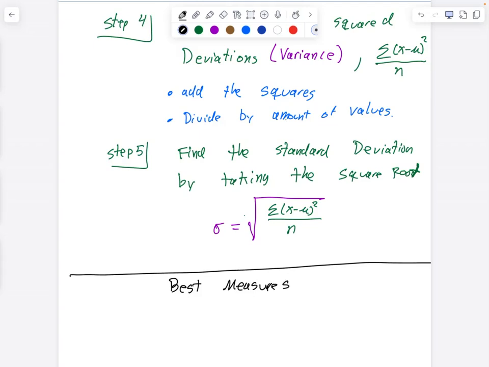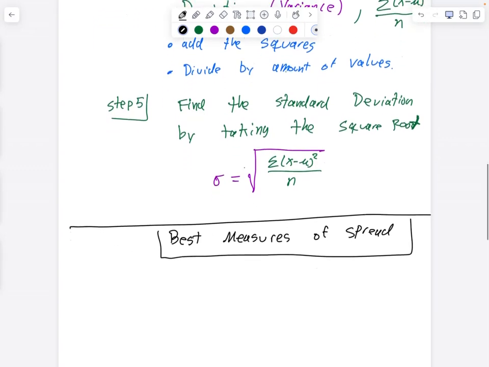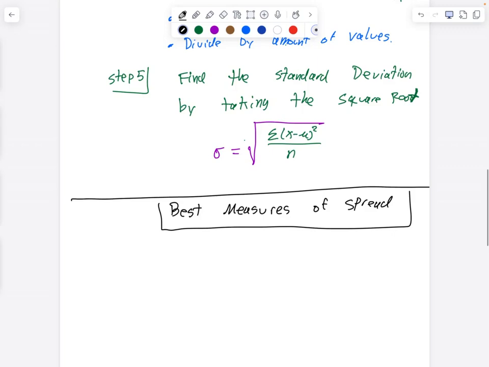Okay? Now wait a minute. If you look at this, the standard deviation formula is calculated from the mean. You need to use the mean to find standard deviation. So as such, when you're using the mean, you should also use the standard deviation.